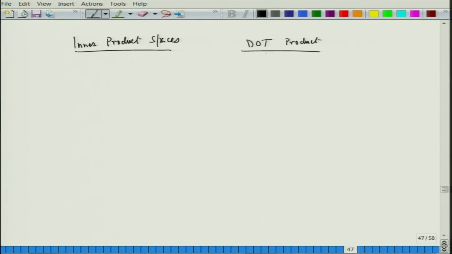And the idea of dot product was, let us try to understand, we could talk of angle between 2 vectors, and this also helped us to look at x dot x and then a square root of that, which was, if I write x as x1, x2, x3, then x dot x was x1 square plus x2 square plus x3 square and a square root.